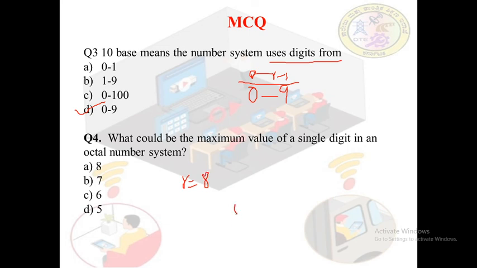The digit ranges from 0 to r minus 1. 8 minus 1 is 7. So the maximum digit of the octal number system is 7. Option B is the right answer. On seeing the octal number system, we should not jump to a conclusion of going for option A, because the maximum value of a single digit is asked. It has to be 0 to r minus 1 and it is option B, 7.